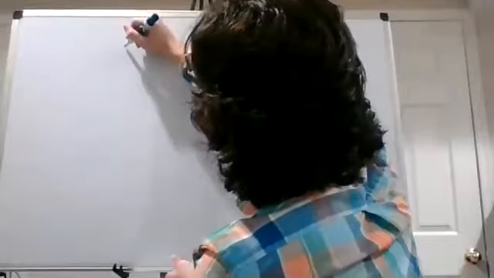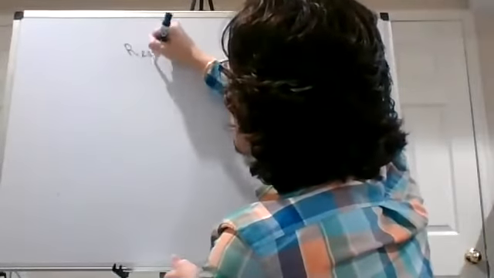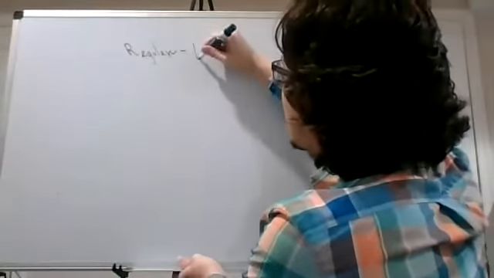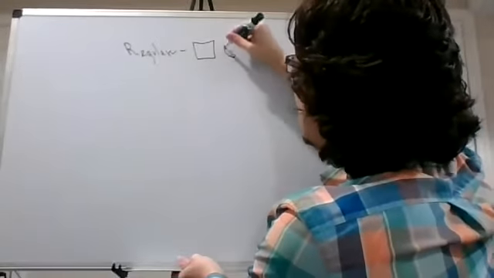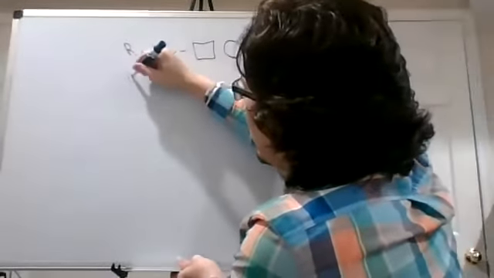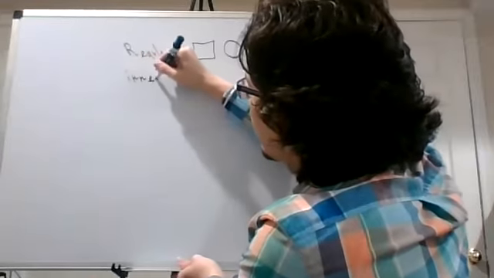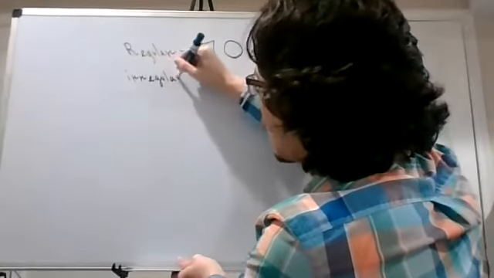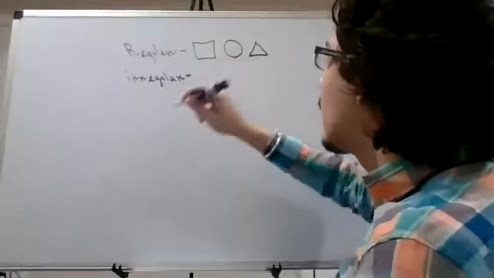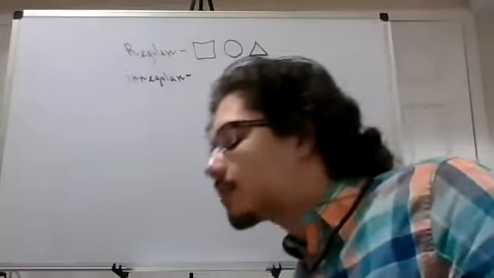Yes. So regular shapes are your basic shapes, such as squares, circles, and triangles. Irregular shapes refer to other less perfect kinds of shapes.